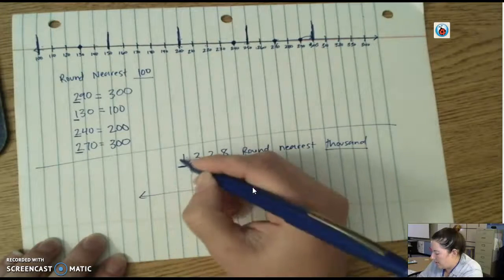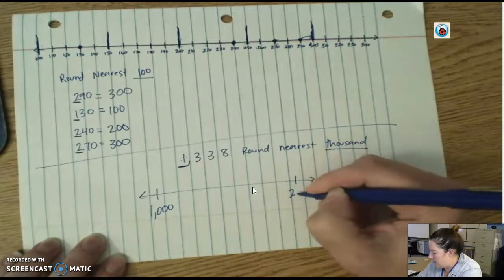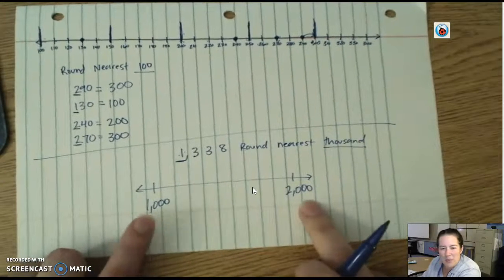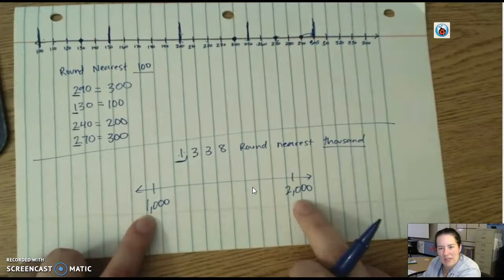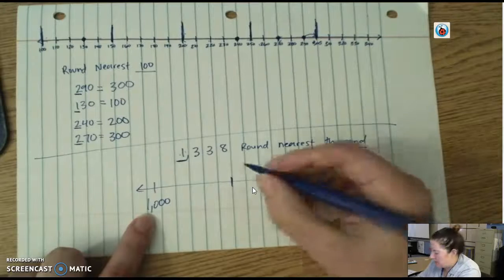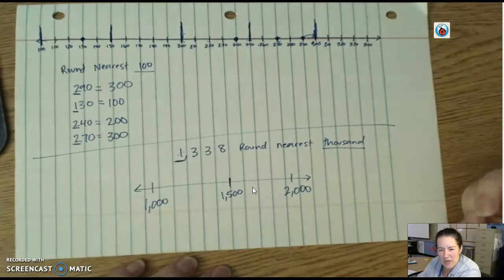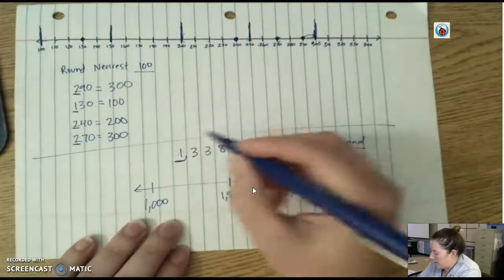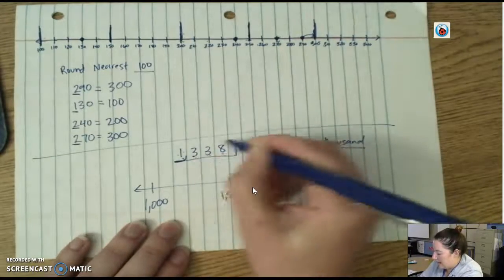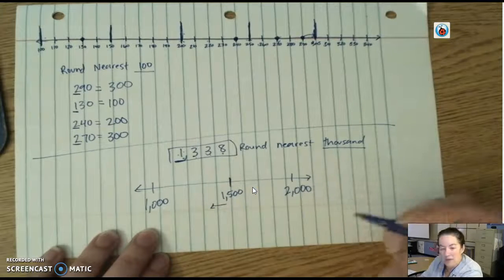So I'm going to start with this first one. So I know it's 1,000. And then next would be 2,000. What's exactly halfway between 1,000 and 2,000? Think about it for a second. What's exactly halfway between 1,000 and 2,000? It's going to be 1,500. Now look at our number. Our number is 1,338. Is that going to be less than 1,500?